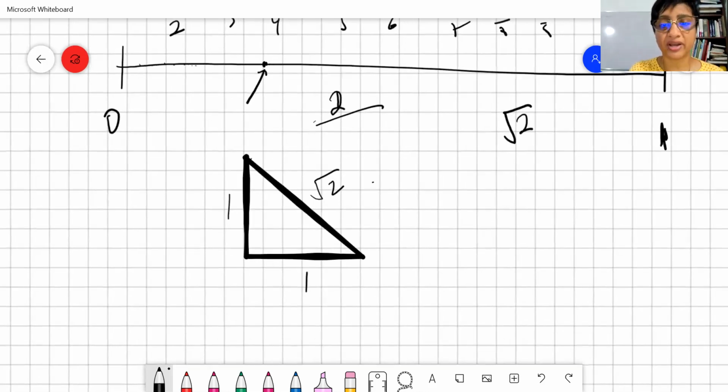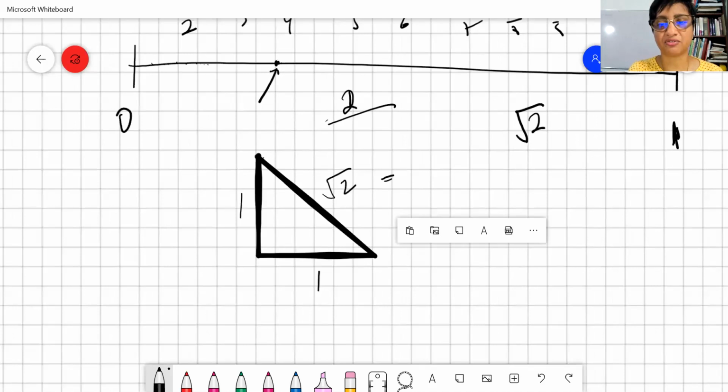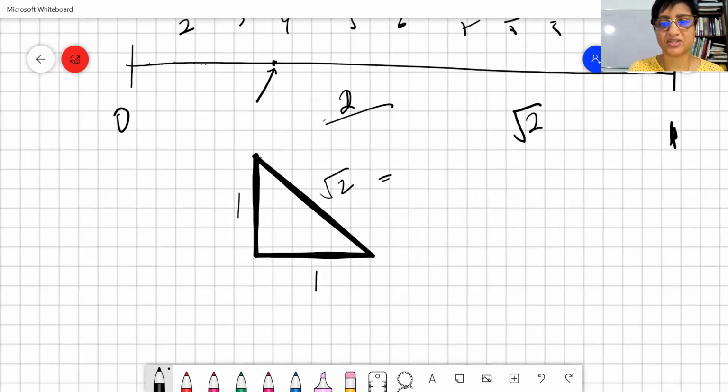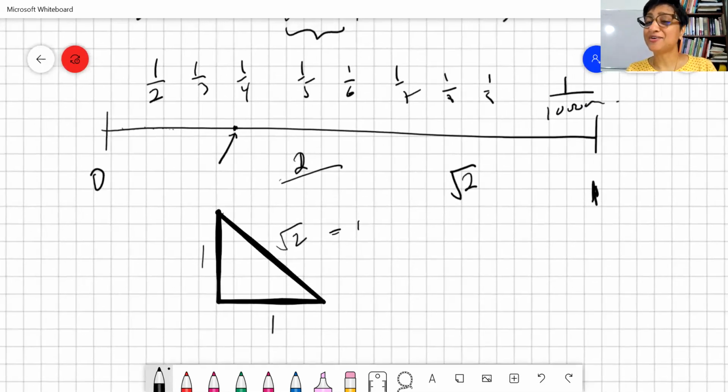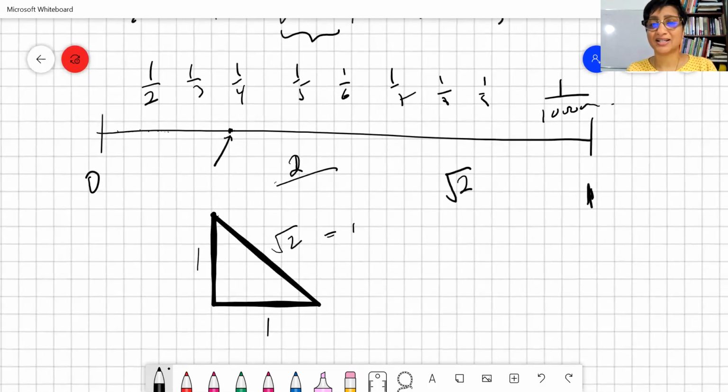But they were trying to find square root of 2. So what is square root of 2? What fraction is it? How do I write it as a fraction? And they could see that you can't write it as a fraction. I don't know whether you realize what this means. What do you mean by you can't write it as a fraction?